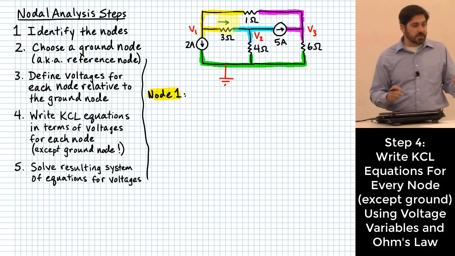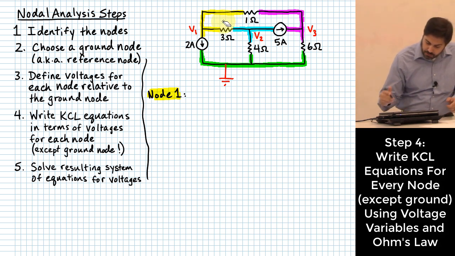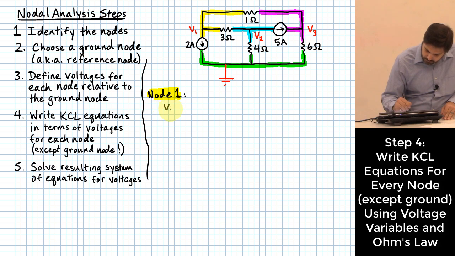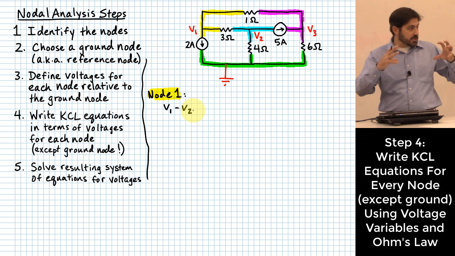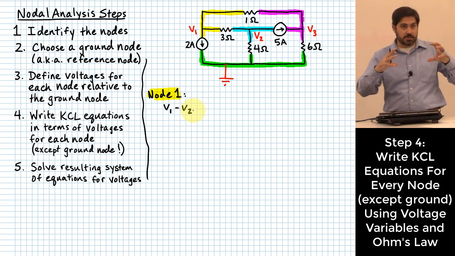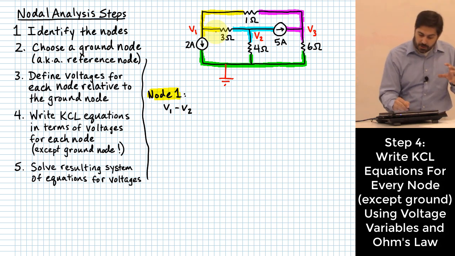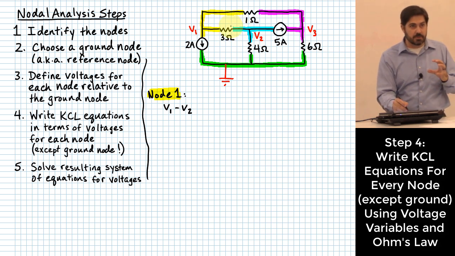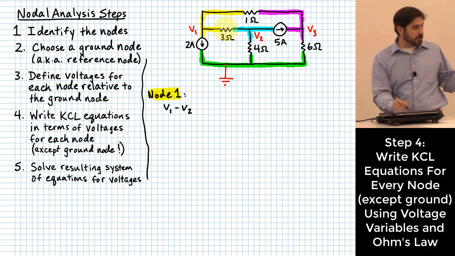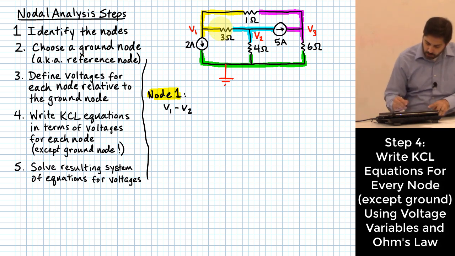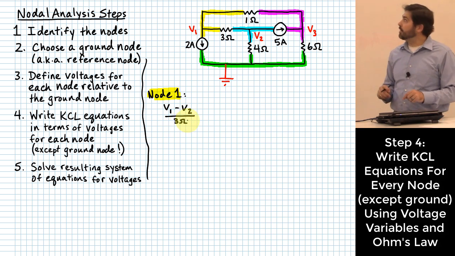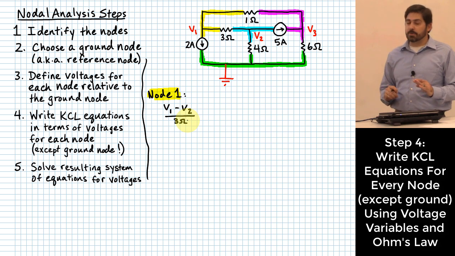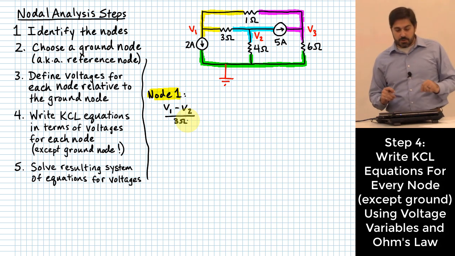I heard someone say V1 minus V2. But we're talking current here. That's a voltage difference between those 2 nodes, but I also know a resistance value between them. So Ohm's law says the current that flows would be V1 minus V2 over 3 ohms. I've just taken care of the current that flows from the yellow node to the blue node.